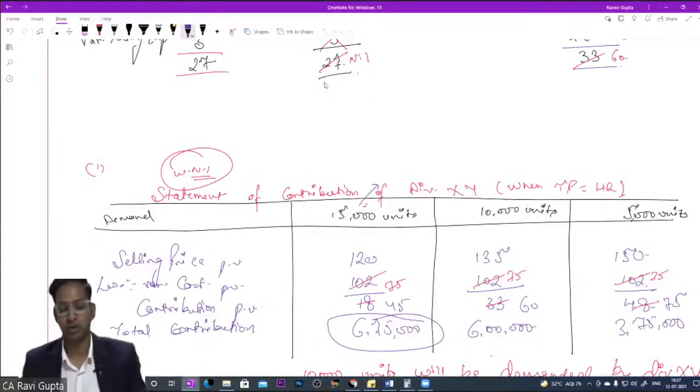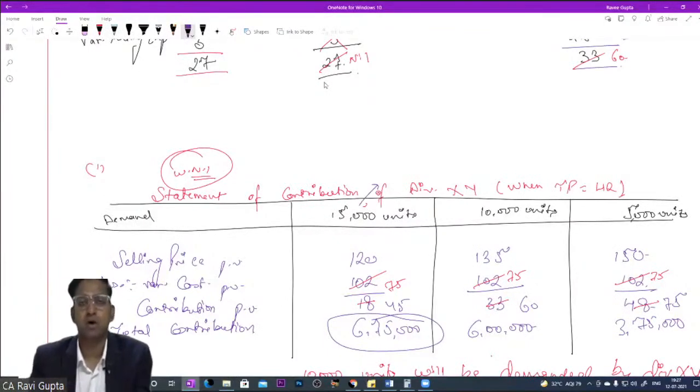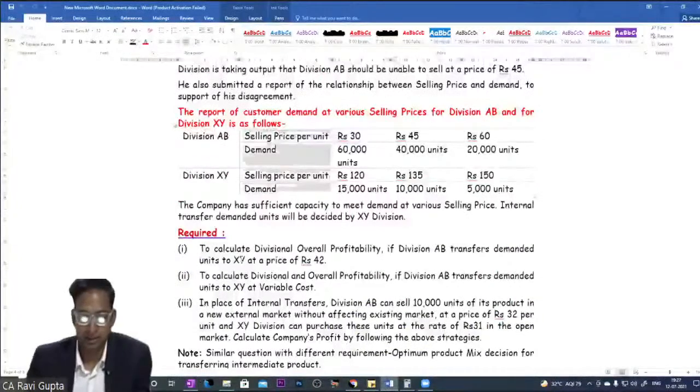Now we are going to demand 15,000 units from division AB, and in this division the company has a sufficient capacity to meet the demand of various selling points.